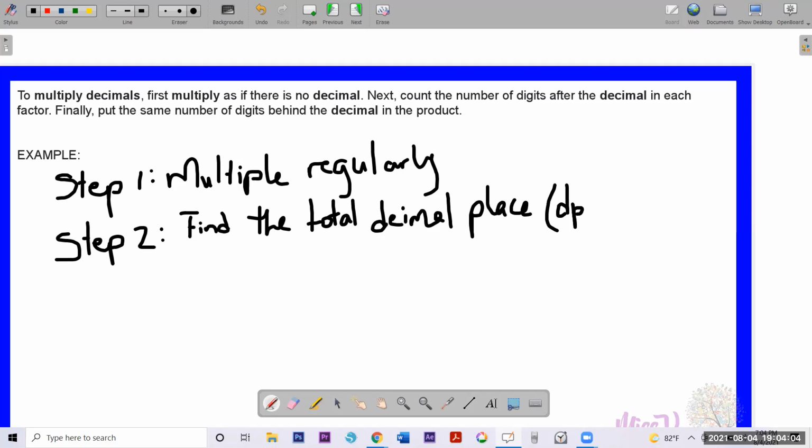So anytime you hear somebody, or me, or a textbook, or a question ask you to find something to DP, it means decimal place.